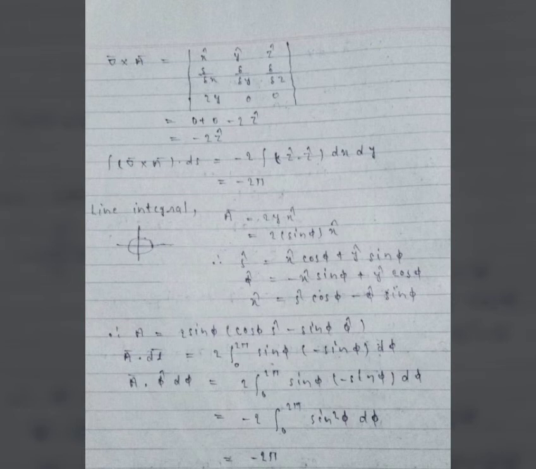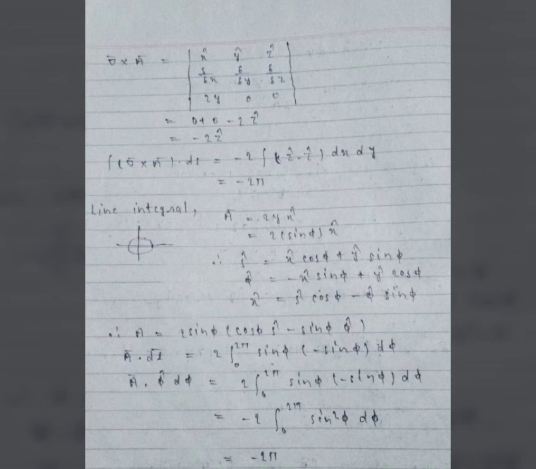Now, we had already seen that s unit vector in cylindrical coordinates is x cosine phi plus y sine phi, and phi unit vector is equal to minus x sine phi plus y unit vector cosine phi, and therefore I can write x unit vector as s cos phi minus phi unit vector sine phi.